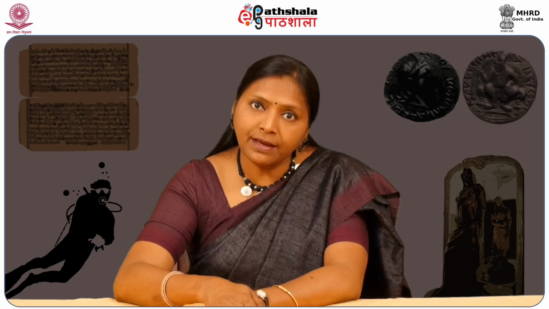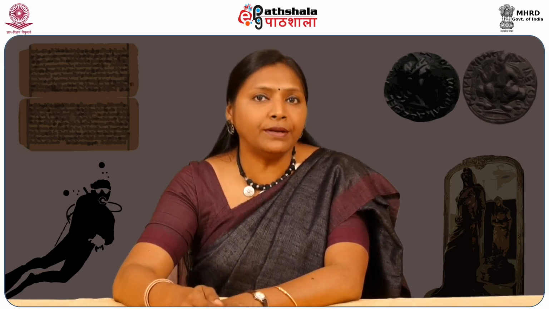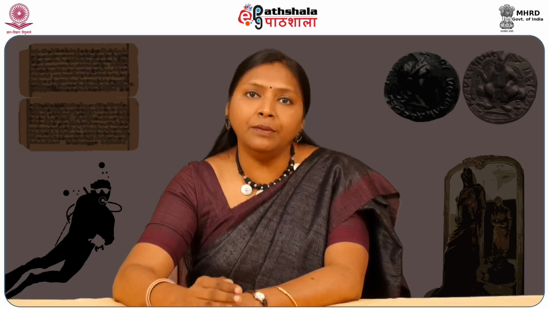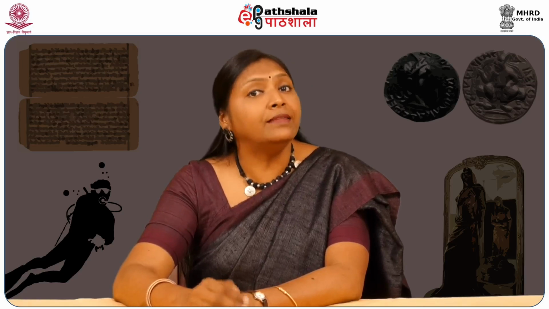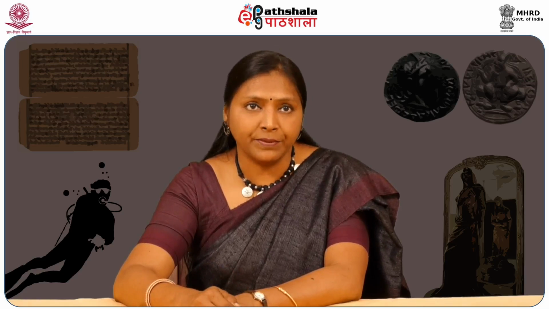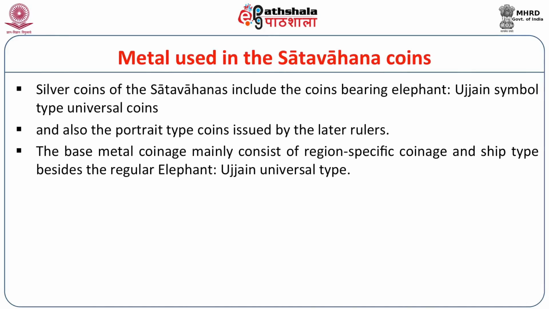They were also issued in silver. The base metal coinage mainly consists of the region specific coinage, and along with this, we also have the ship type coins which the Satavahanas issued for the Eastern Territory.